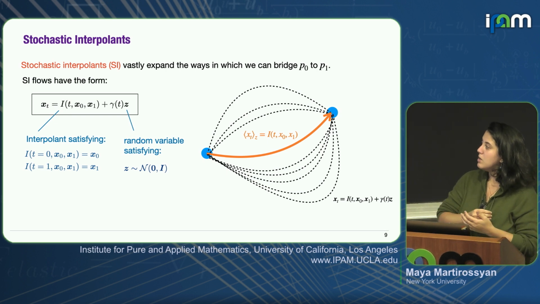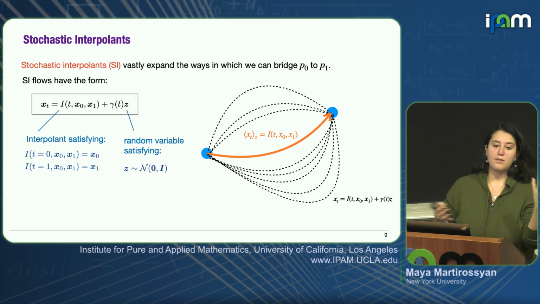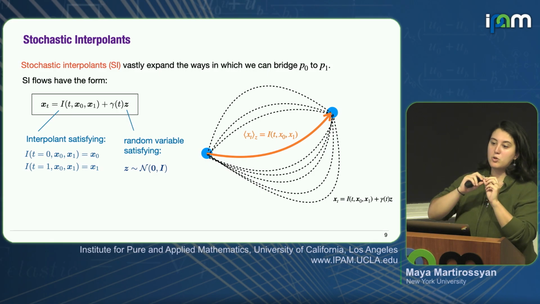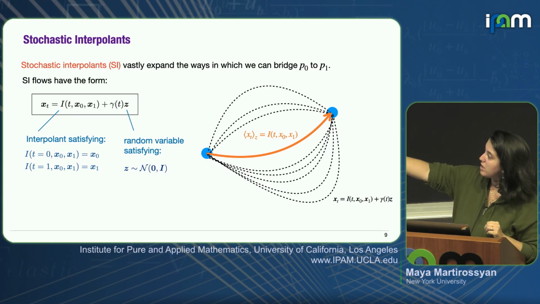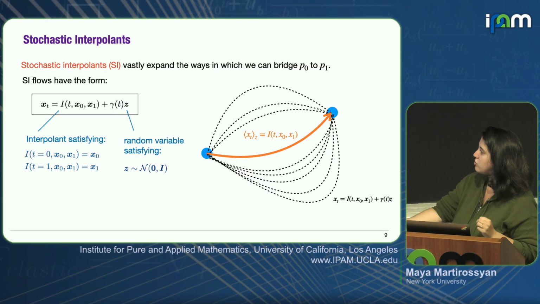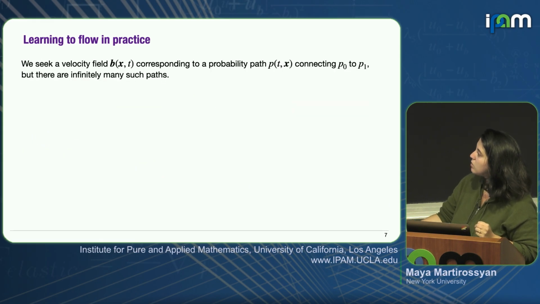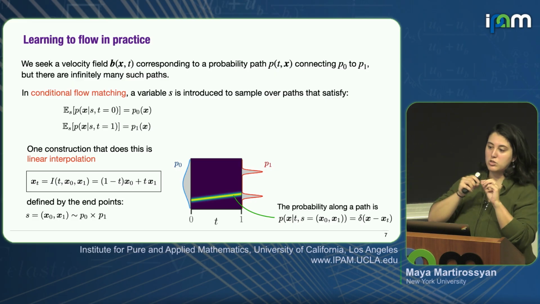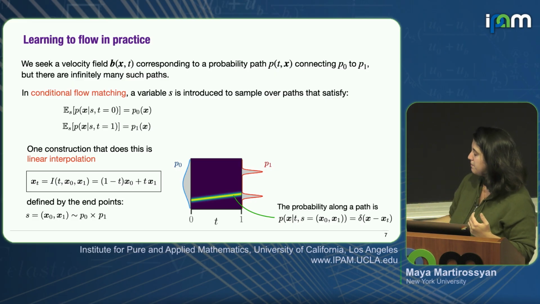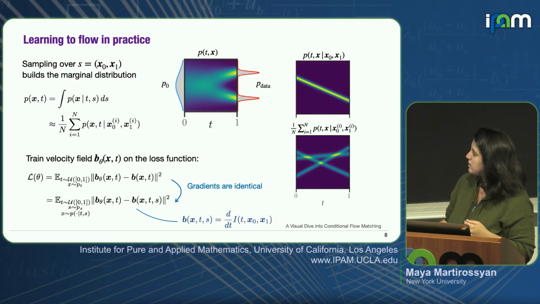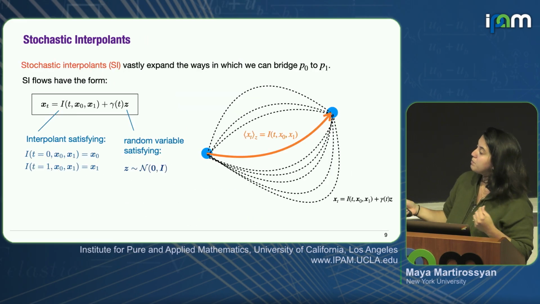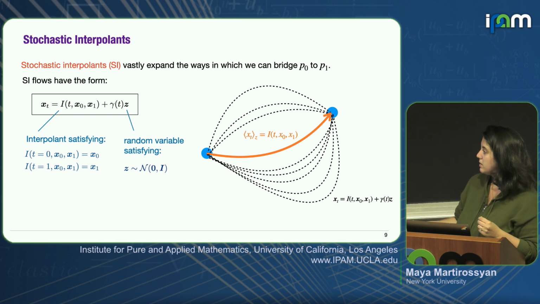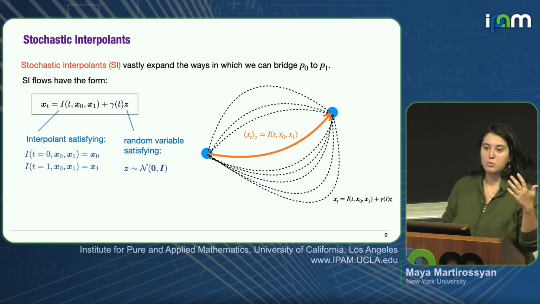It's a random variable, so over a lot of samples it'll average to 0, but for each sample, it'll push you away from your path that's defined by your function I here. Two slides ago, I gave you a version of I that was just a line, called a linear interpolant. But we don't have to draw a line between our samples. We can draw any path that we want. This is the flexible framework that I was hinting at.